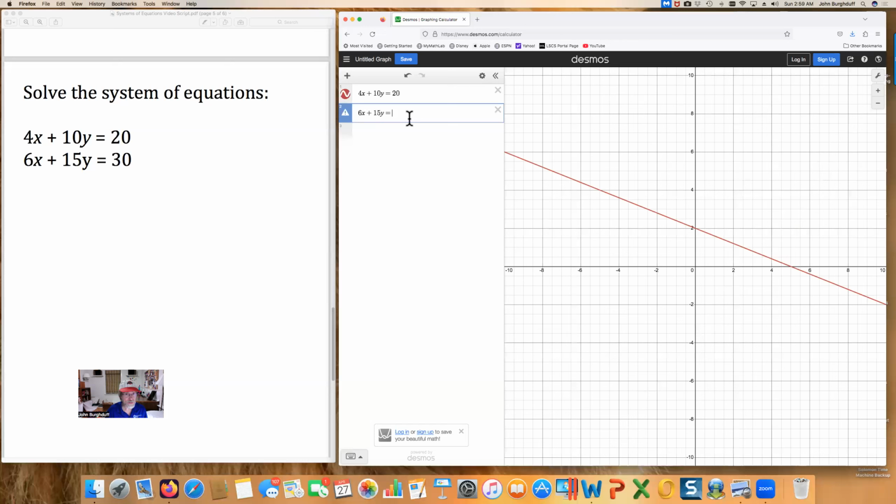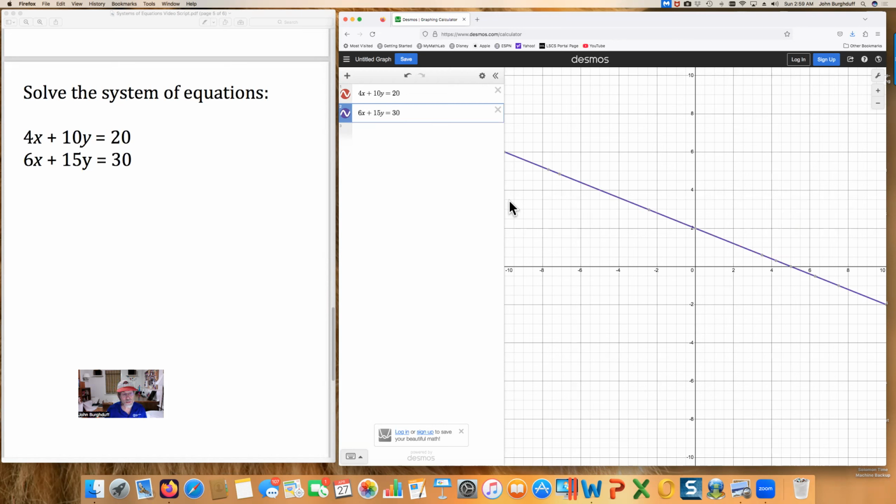Now I'm going to type in 6x plus 15y equals 30. It looks like the red line disappeared. What's really going on is that, guess what? These are actually the exact same line. And that can happen too.